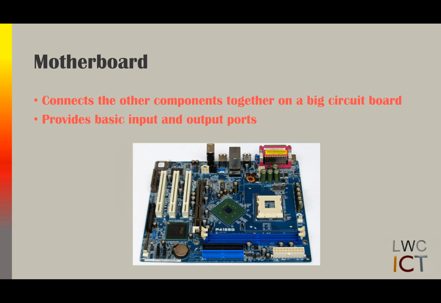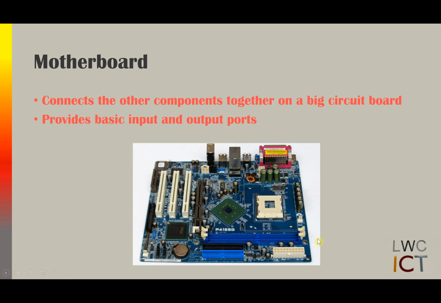Lastly, the motherboard. Now it's quite an important component here, and you'll see it's got lots of slots and areas where you can put different things in. You've got space for your processor, you've got space for RAM, you've got, it's harder to see on here, but you've got all sorts of slots where connectors will go for your hard drive and for your optical drive.